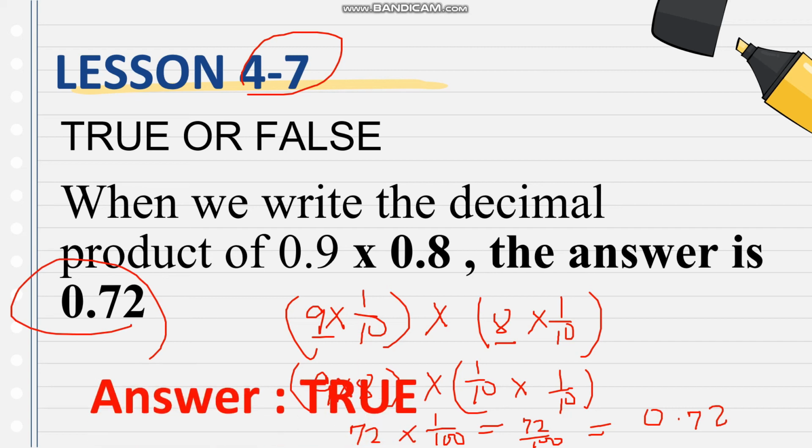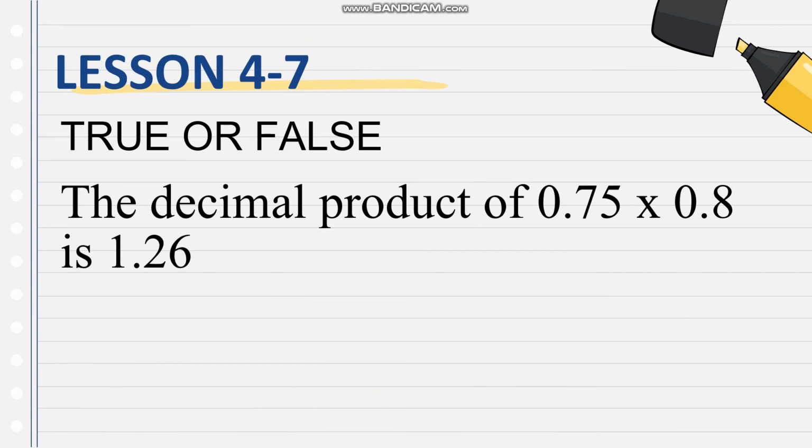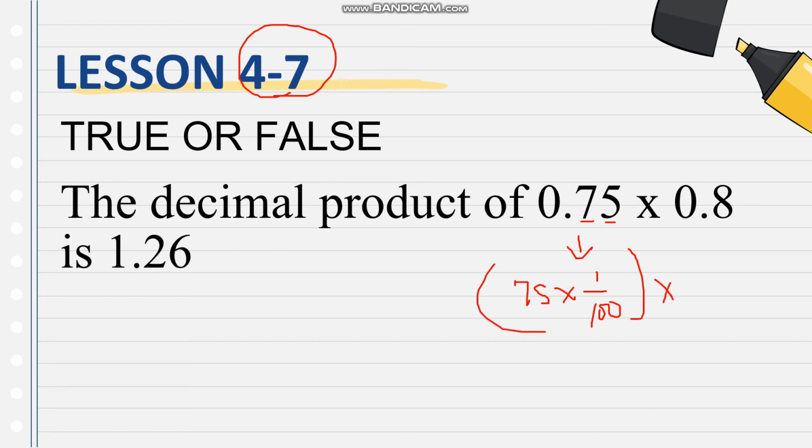Next, by applying the concept of lesson 4.7, 0.75 becomes 75 multiplied by 1 over 100, because this is tenths, hundredths. Then multiply by 8 multiplied by 1 over 10, because 8 is in the tenths place.